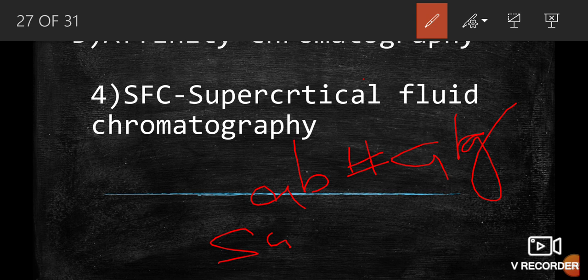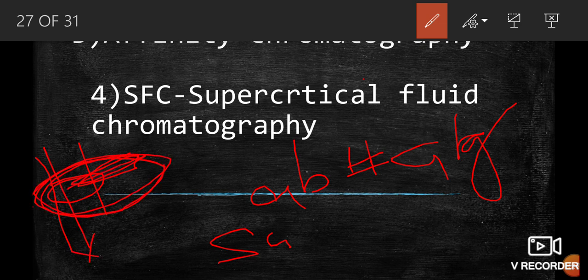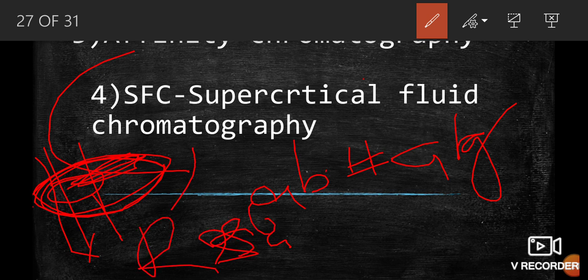The substrate analog is coupled to the gel matrix and the cellular suspension is allowed to pass through it, and the enzyme which is very specific for the substrate analog will bind to it and become immobile. The rest of the compounds will get eluted, but the compound which you need to separate will bind to the column. And in affinity chromatography, the resolution power is very high.